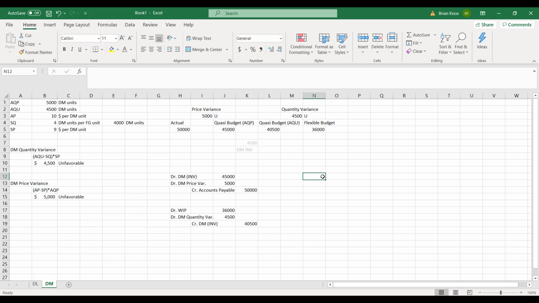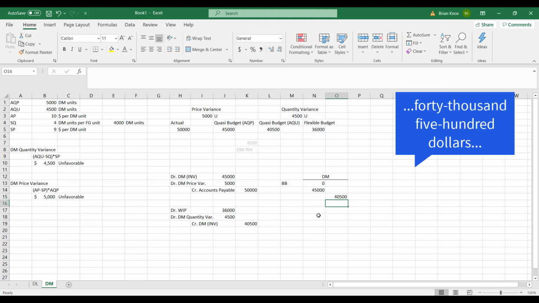And so the DM account, let's assume that the T account had a zero beginning balance. We debited to it $45,000, right here. And then we credited to it, make the cells work, use Excel to its full potential, we credited to it $4,500.